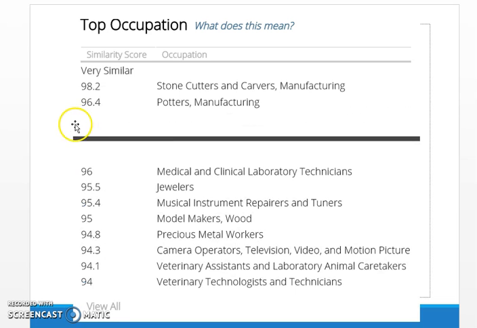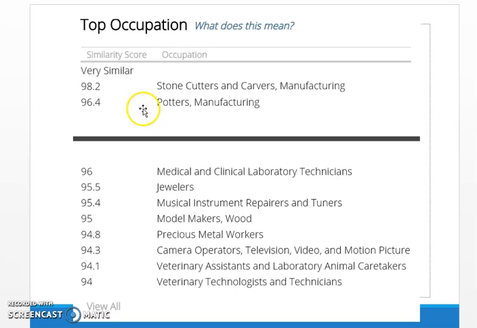And if I look at them and I freak out because, oh my goodness, it says I should be a stonecutter or a potter, and I'm not in that field at all, that's okay. I can think about, well, why would it say these things as my top 2? Maybe because I indicated that I'm interested in art, amongst other things.